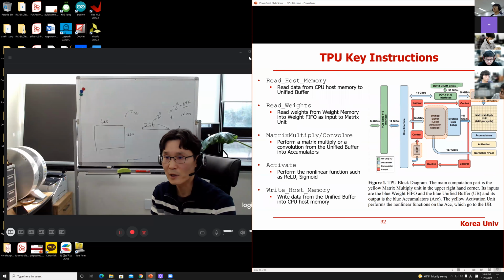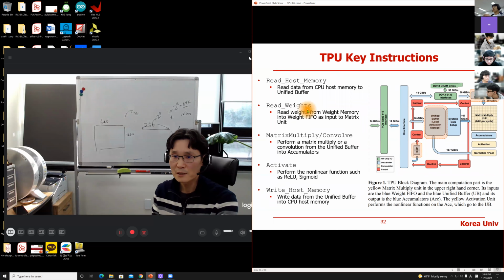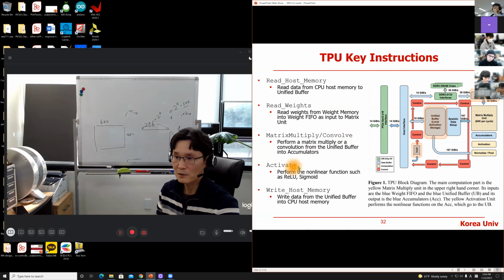Anyway, read weights into the weight FIFO. Third, the matrix multiply or convolution instruction, which does matrix multiplication with the input data and the weights. And the activation instruction does the ReLU kind of operation using that hardware component. And then the result can be written back to CPU host memory.